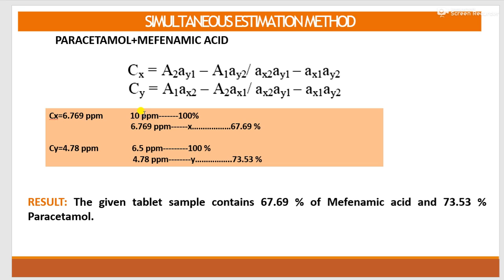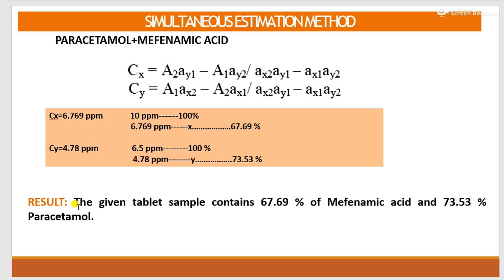Mefenamic acid is our X. So 10 ppm is 100%, and 6.769 ppm is how much percent? That comes around 67.69%. Similarly, for paracetamol, which is our Y, the theoretical value was 6.5 ppm. So 6.5 ppm is 100%, and practically we got 4.78 ppm. So how much percent? That is 73.53%.